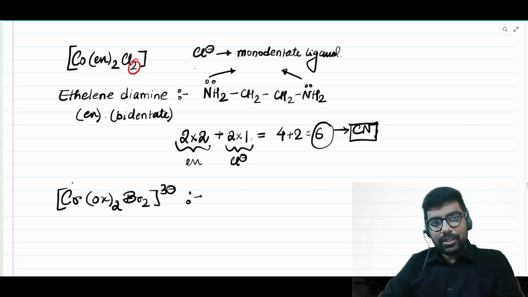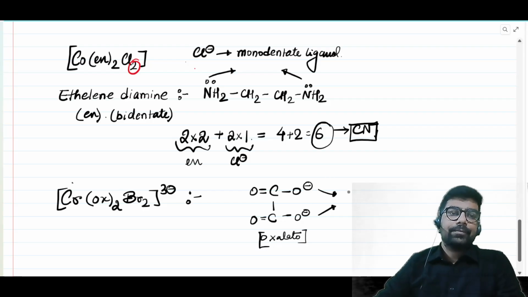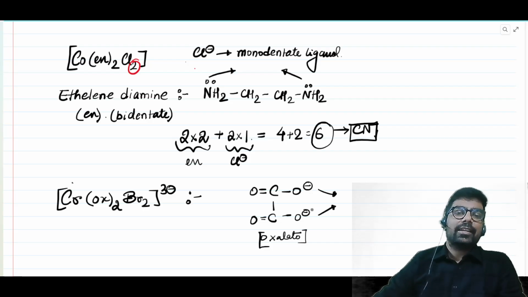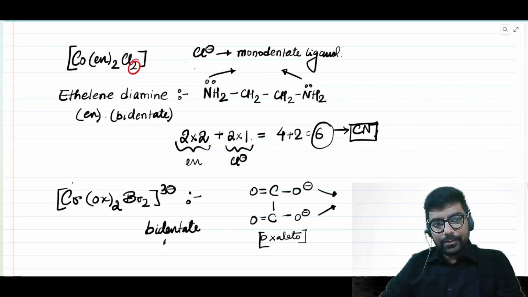Again, there are 2 types of ligands. One is oxalato, C double bond O, O minus, C double bond O, O minus. This is my oxalato. Last day we have done this one. How many binding sites? It has 2 binding sites. It is a didentate, or bidentate, ligand.